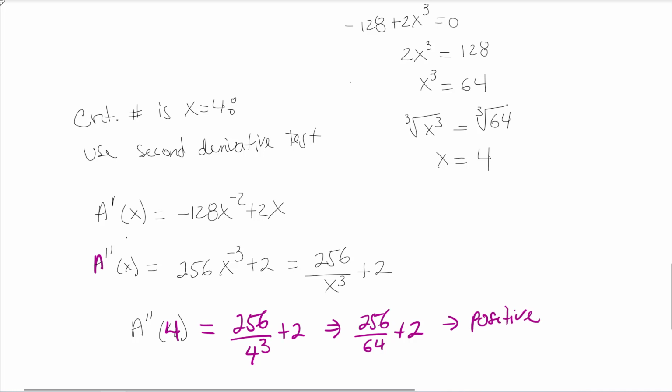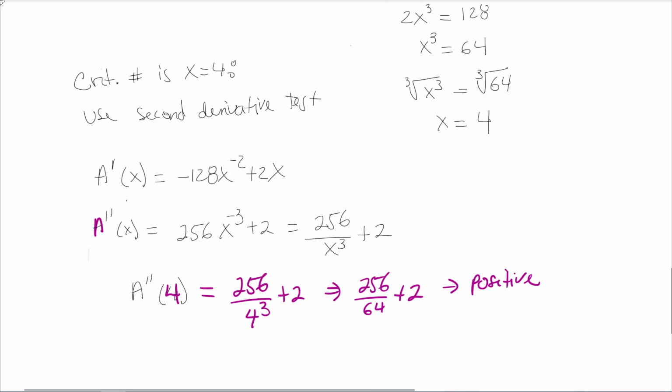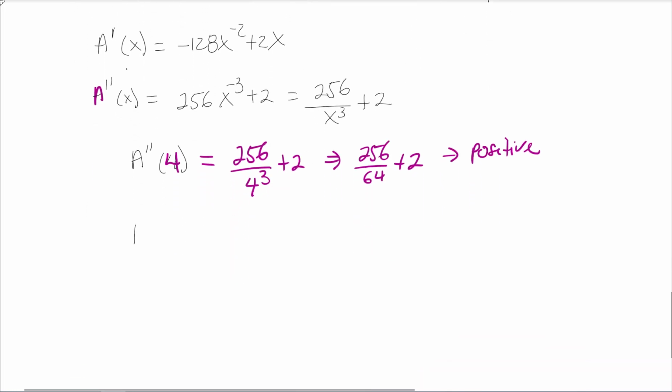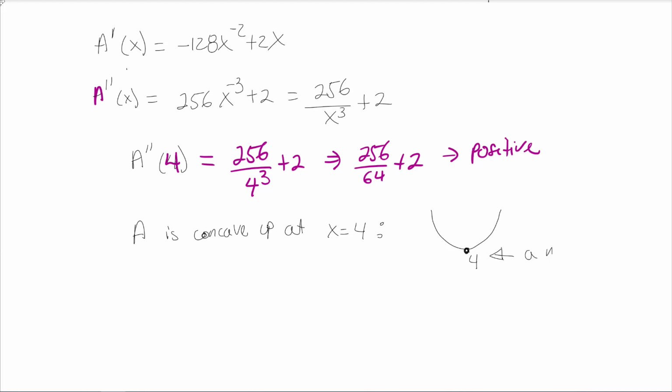If the second derivative is positive, that means it's concave up at our critical number. So A is concave up at 4. Concave up means it's curving upwards, and you have a critical number here of 4. So what sort of a thing is 4? It must be a minimum.